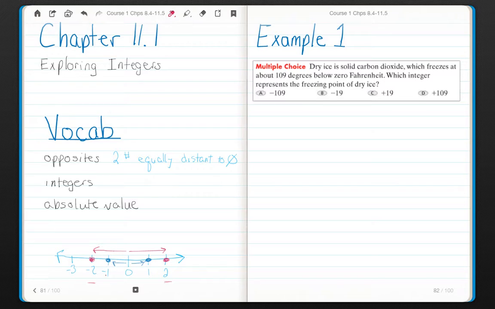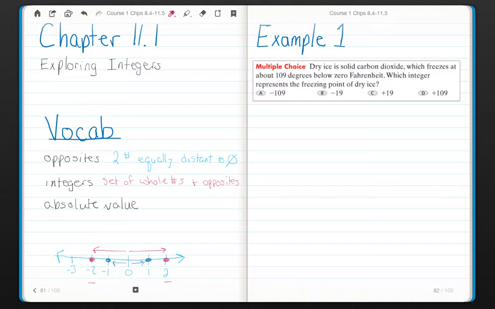Next we have integers. Integers is the set of whole numbers and opposites, and that includes zero. So what do I mean by that? 1, 2, 3, 4, 5. All of your counting numbers, all those numbers you learned to count back when you were a teeny tiny little 1 or 2-year-old.